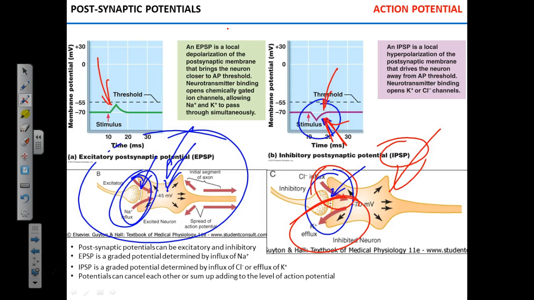It opens chloride channels. Does that make sense? And opening chloride channels hyperpolarizes neurons. When you treat your dog with ivermectin, ivermectin binds to those receptors of glutamate.